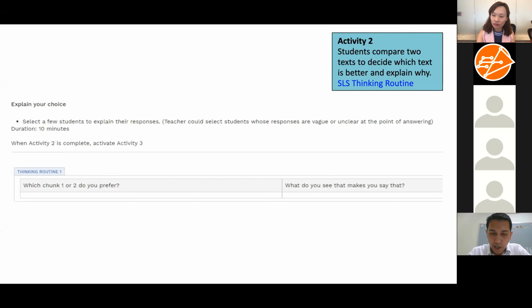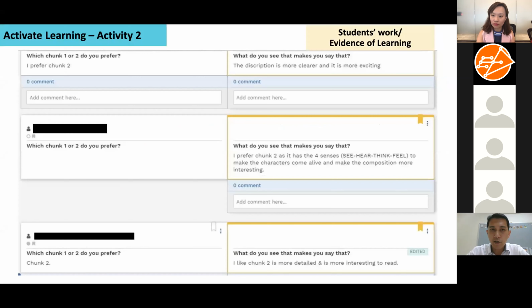After they did this, in looking through their answers, we found that about 95% of the students' answers are in relation to them preferring the second chunk. Earlier, if you recall, chunk 2 is the one that is longer, on the right side.